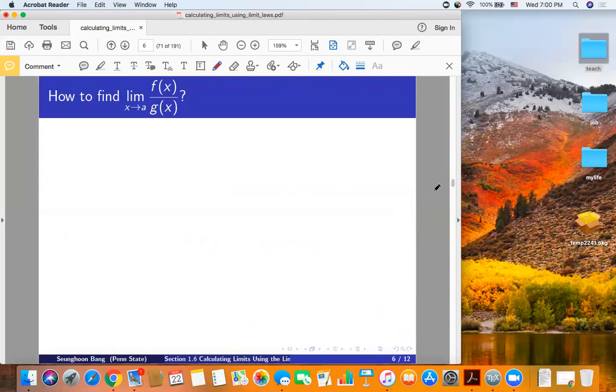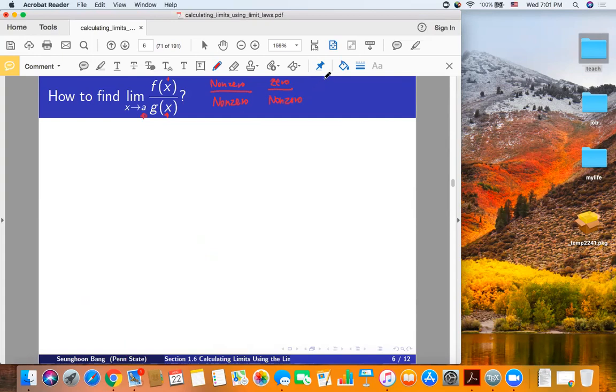So the next part is the main part. How to find the limit of f of x over g of x as x approaches a. We have 4 cases. What are the 4 cases? You plug a into the top one and the bottom one. The first possibility is non-zero over non-zero form. The second case is 0 over non-zero form.